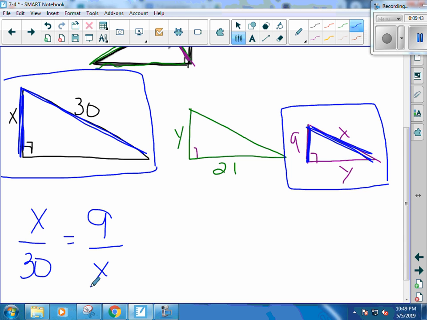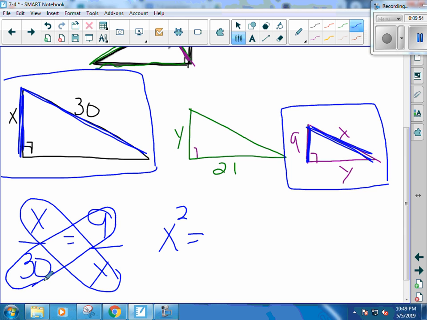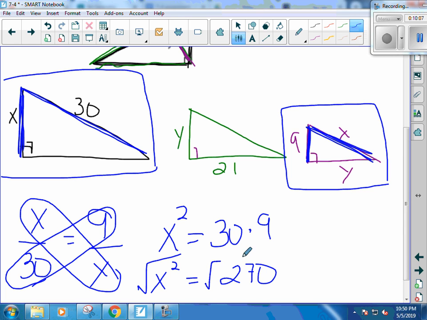And what's cool about these is your diagonal, when you multiply, should always be the same variable. 30 times 9, so x squared equals 270, and take the square root. It's 16.4.